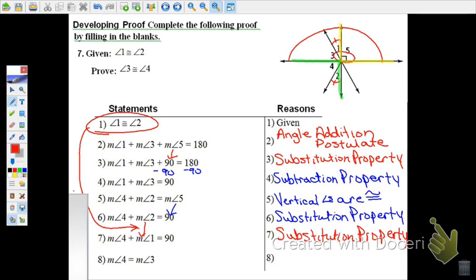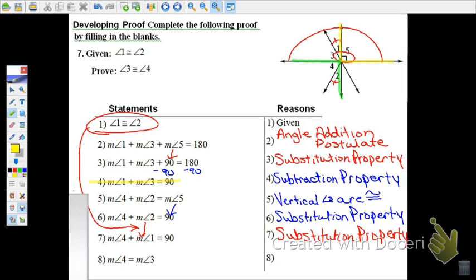Number 8. This last one is something that we have not talked about before, something new to this particular unit. If I look at statement number 4, it tells me that angles 1 and 3 equal 90.